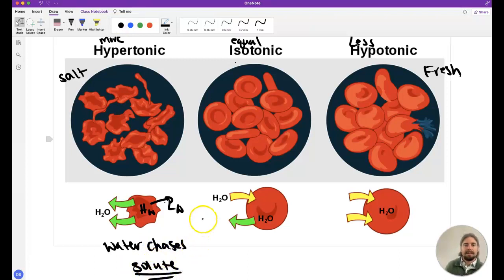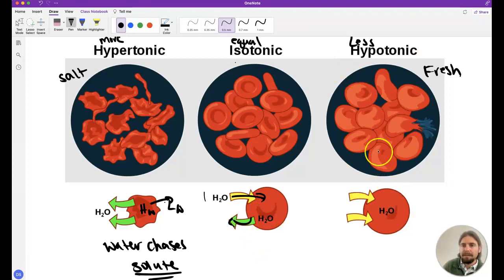That's a big phrase we should take. In an isotonic solution where the water concentration is equal inside and outside of the cell, we don't see any change to the cell shape because the water is moving in equal proportions in and out of the cell.